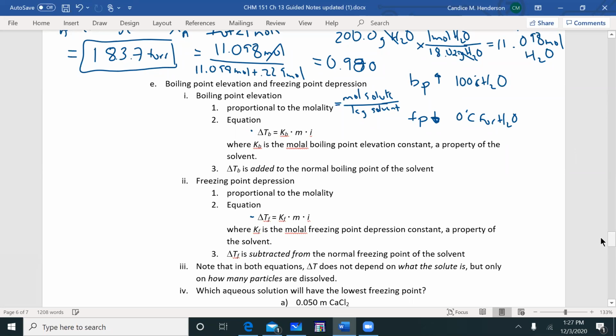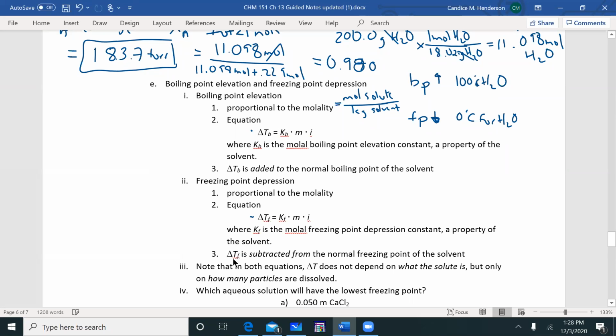So let's play around. One thing to note, the change in Tb: whatever value this equation pops out, that's not the new temperature, it's the change in temperature. So you would want to take your change in boiling temperature and add it to the normal boiling point of the solvent. If we plug our information into this equation and get a change in boiling of 3 degrees Celsius, our new boiling point isn't 3 degrees Celsius, it would be 100 plus the 3 degrees Celsius.